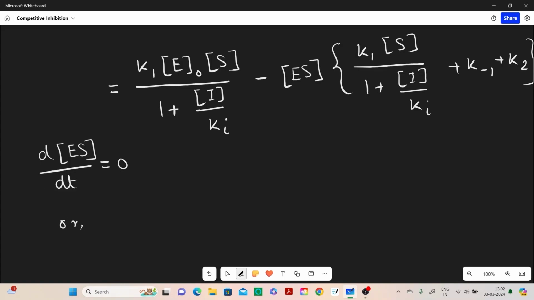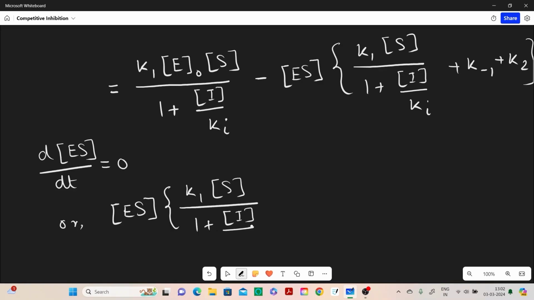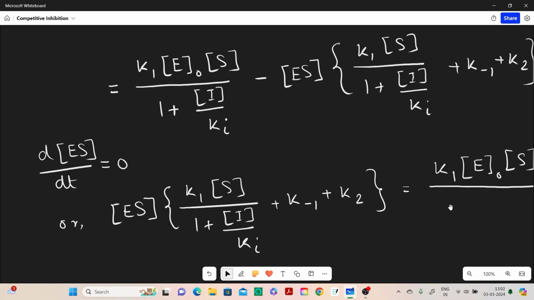So the equation becomes ES multiplied by K1 S by 1 plus I by Ki plus K minus 1 plus K2 is equal to K1 into E naught S by 1 plus I by Ki.